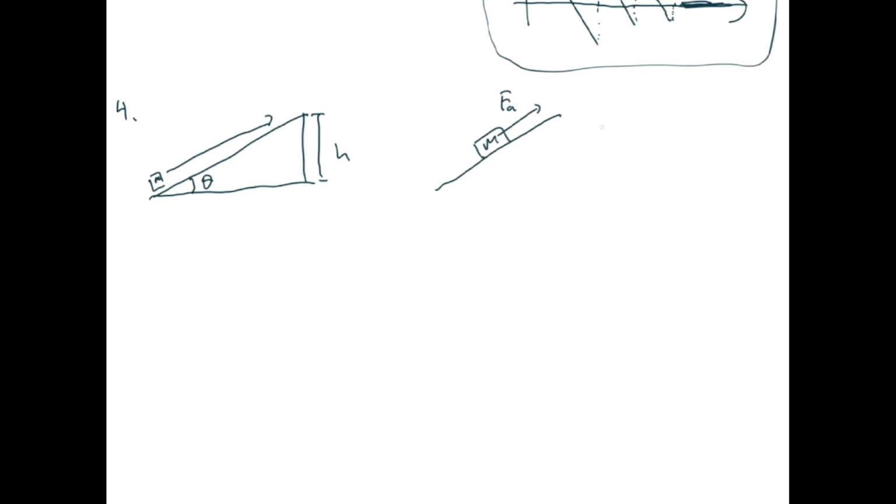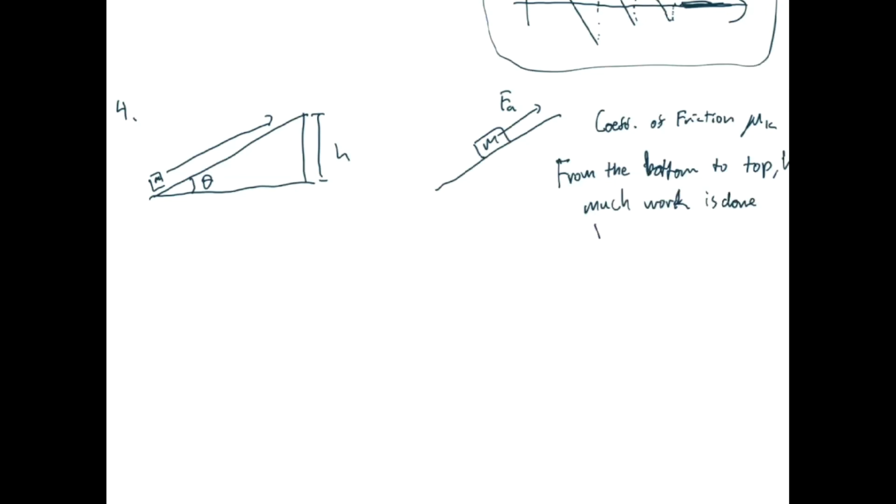And there's also a coefficient of friction that's given to you, and it's mu k, the kinetic friction. So we want to find, from the bottom to the top, as the person drags the box from the bottom to the top, how much work is done by the person.